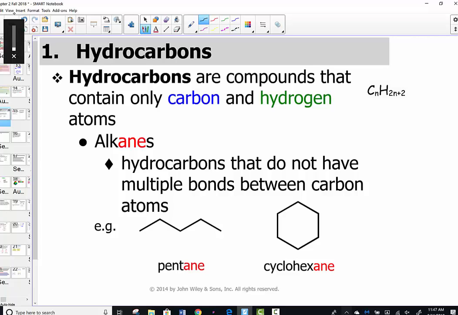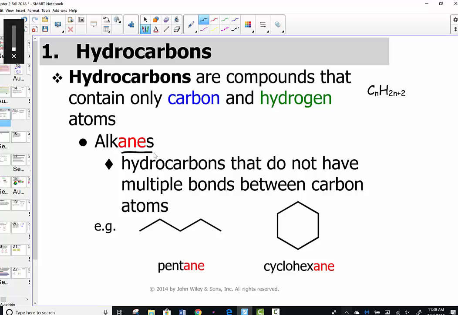we look at the word ANE. Do you see how it's highlighted in red? If I see an ANE, I now know a lot about that hydrocarbon. I now know that there are no double bonds, there are no triple bonds, there are only single bonds in an alkane hydrocarbon.